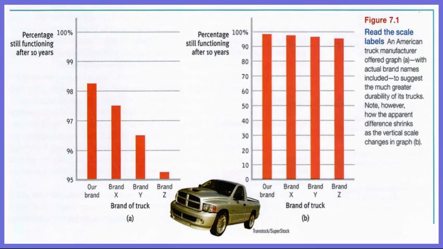But if we look at it on the right-hand side, when we change that scale again, we see that there's really very little difference between their brand and brand X, Y, and Z. So when being a consumer, look at that scale. Are they trying to convince you of something? And are they doing that by changing the scale to make it look more dramatic than it actually is?